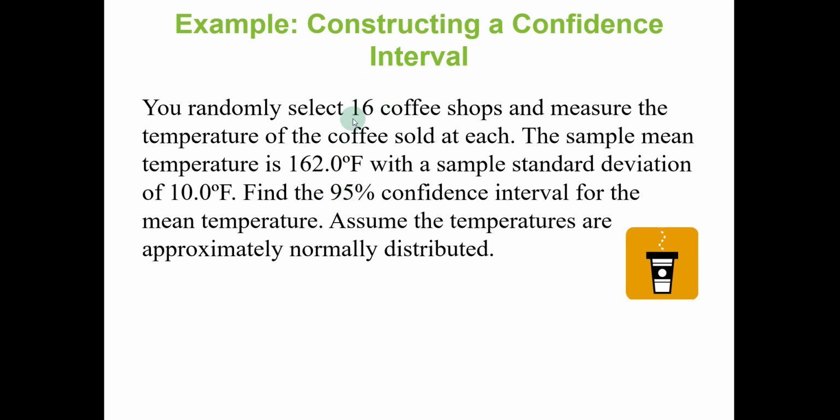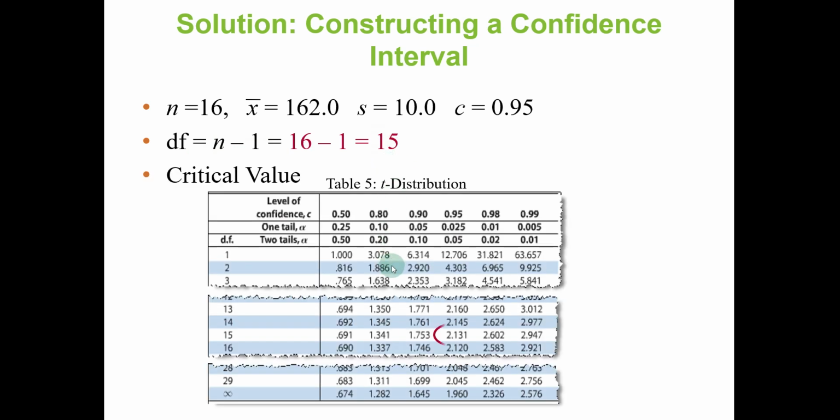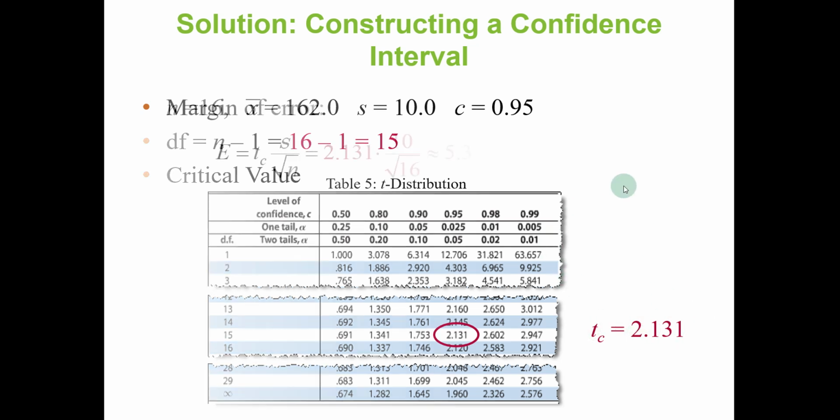Now note that you always have to calculate the degrees of freedom. So you'll do DF equals 16 minus 1. Then you will go to your table and look for 95 and 15. So that's basically what we are doing. DF is n-1, 15. When you go to your table, you will find that for that particular point, it's 2.1. Well, this is your critical value.